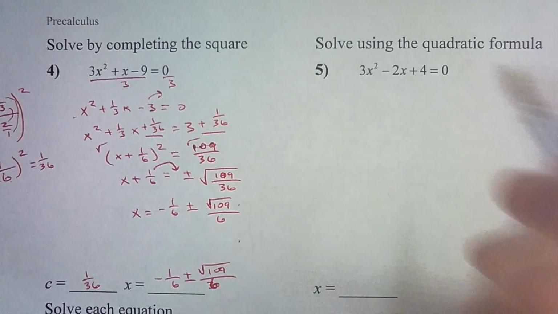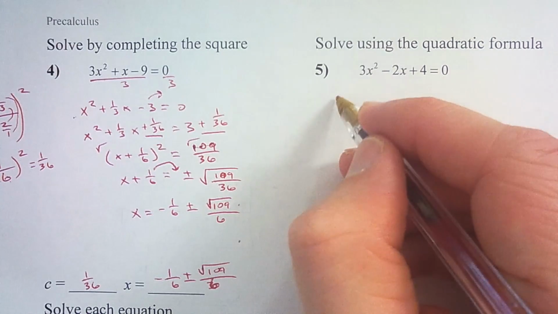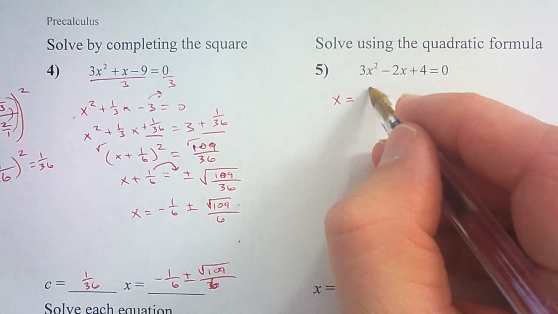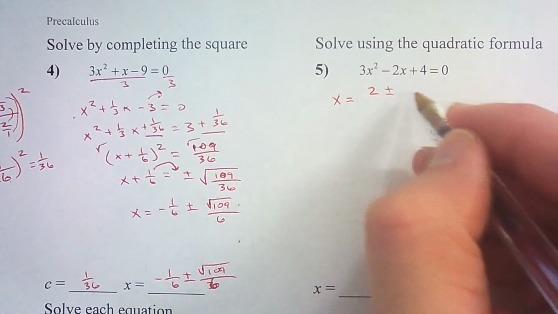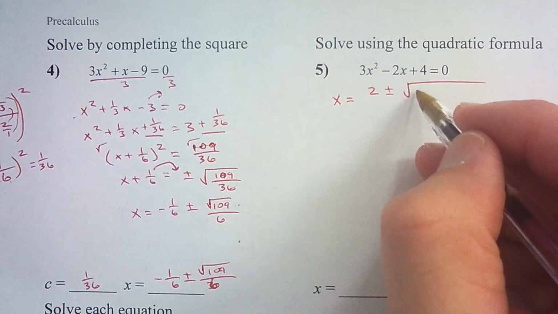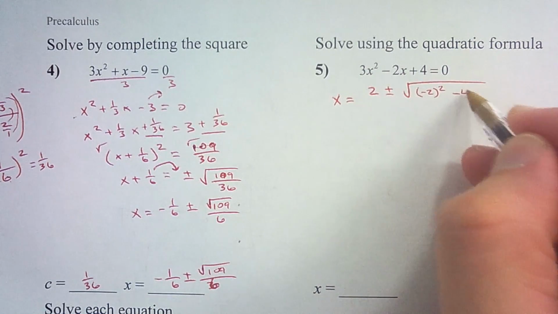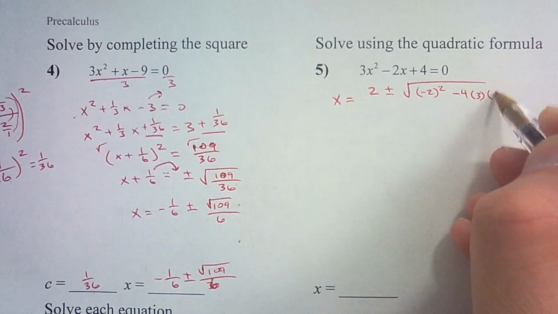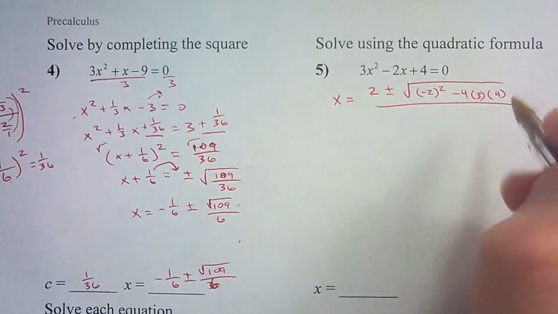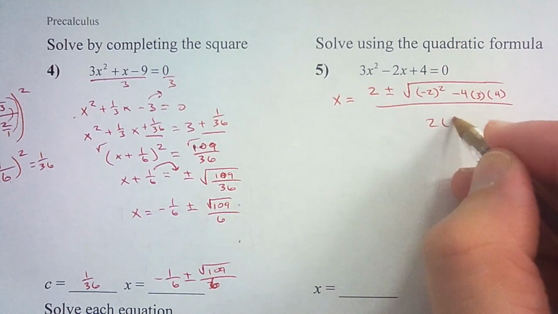Now, using the quadratic formula, x equals opposite of b plus or minus the square root of b squared minus 4 times a times c all over 2 times a.